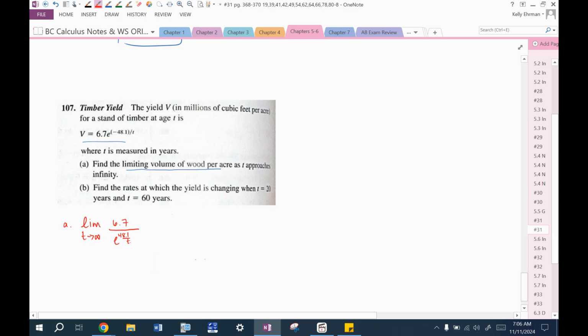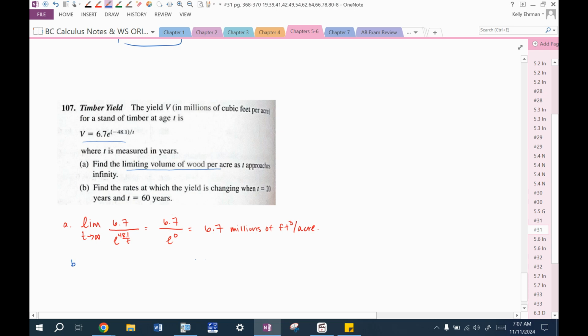As I put in infinity for T, this is going to equal 6.7 over e to the 0, because 48.1 divided by infinity is practically 0, and that's just 6.7. This is measured in millions of cubic feet per acre.